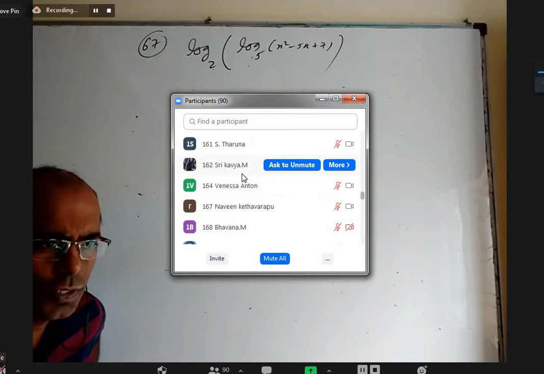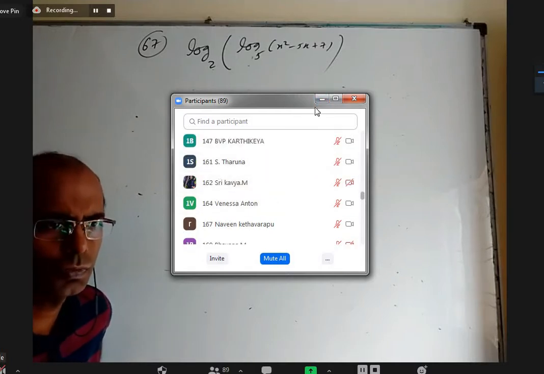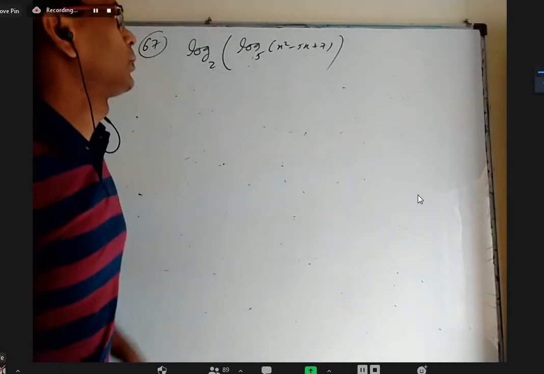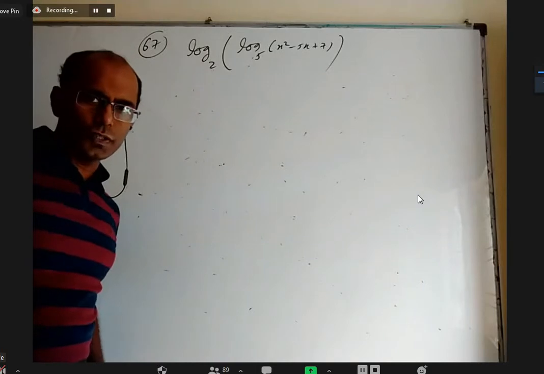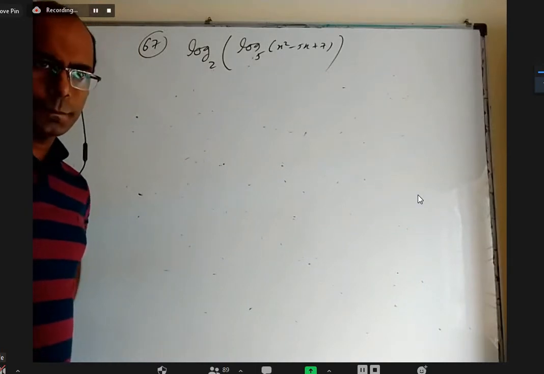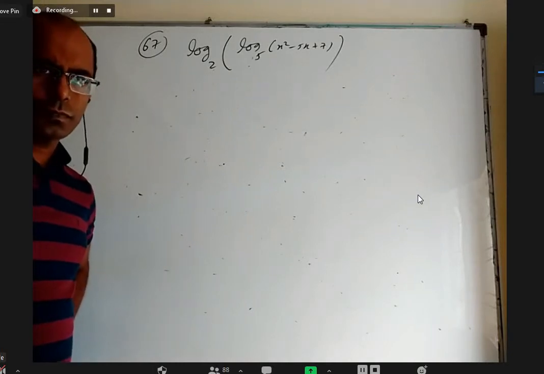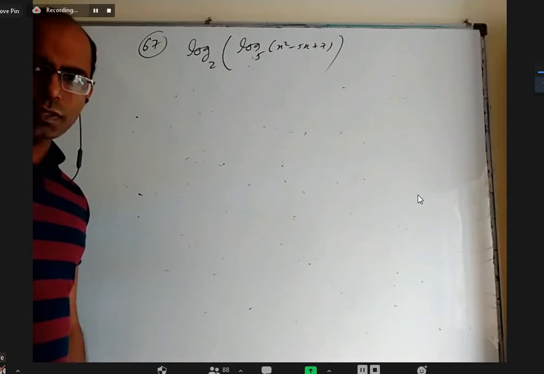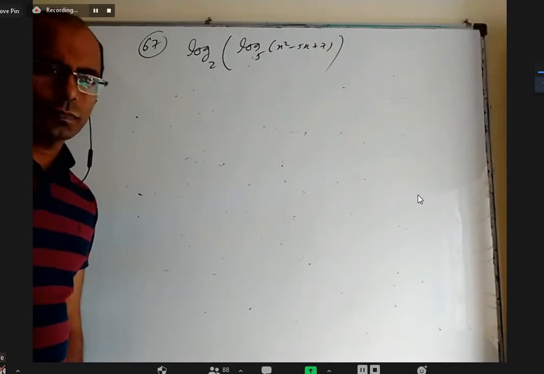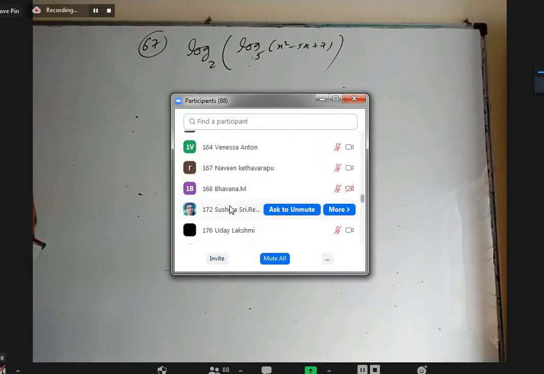Sri Kavya, are you there? Roll number 162. Yes, sir. Can you tell me how to proceed with this question? How to find the domain? Are you there with the past 2 classes, functions? Sir, due to some network issues, I am unable to listen to the class properly. I am getting disconnected.